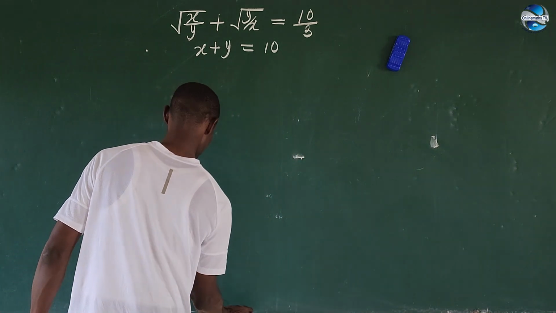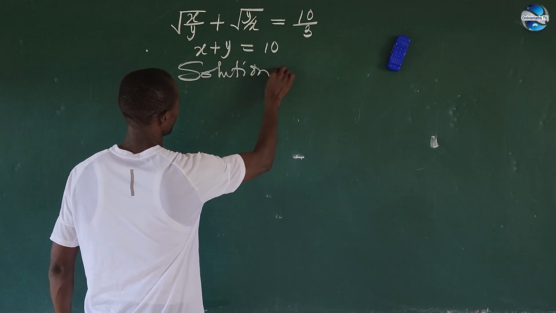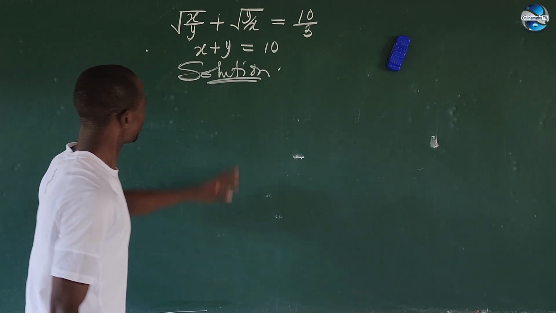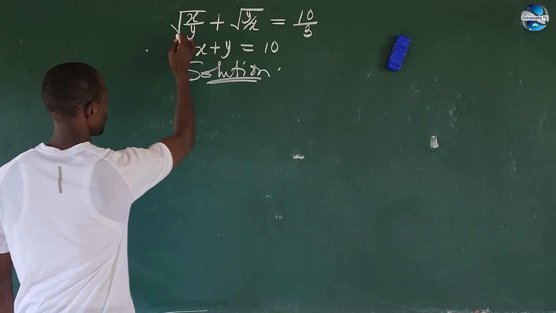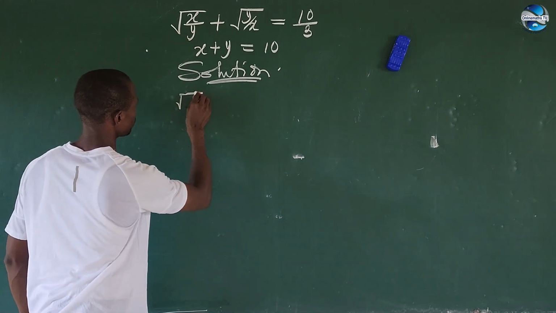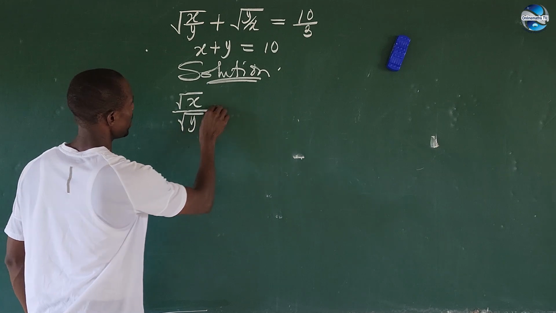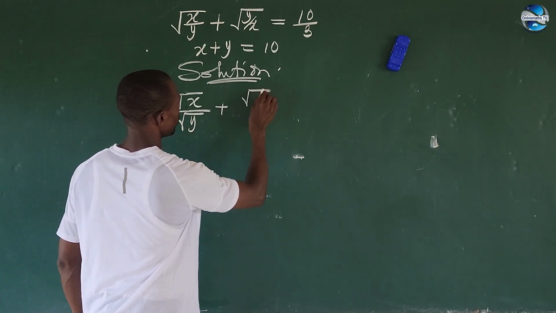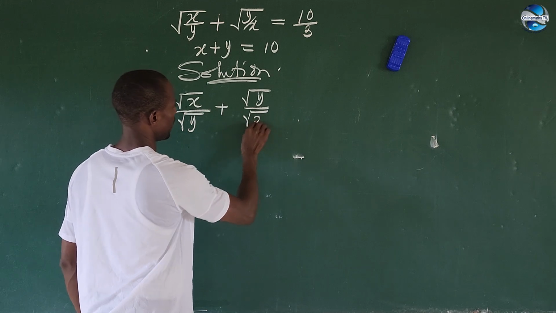Okay, so let's take our solution without much waste of time here. Now, if you look at the first equation, we want to rearrange it. This equation could be written as the square root of x all over the square root of y plus the square root of y all over the square root of x.